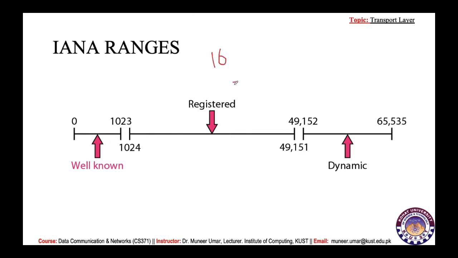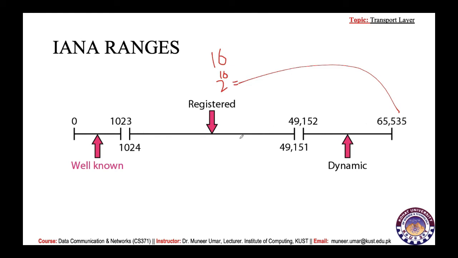So the possible values for 2 bytes or 16 bits go up to 65,535. So we have this range for the port numbers.